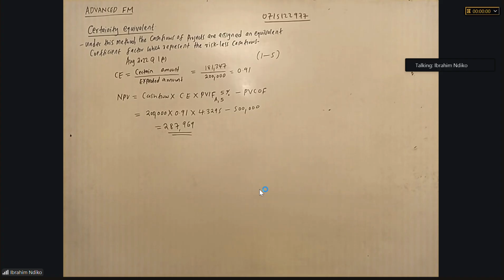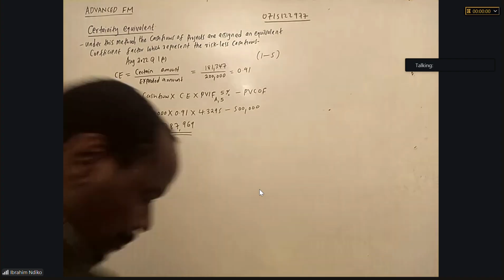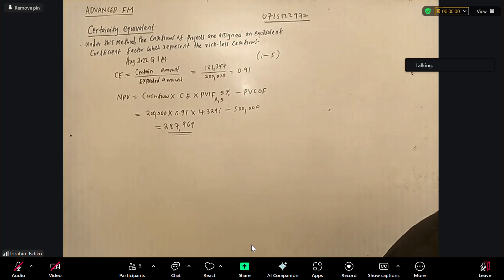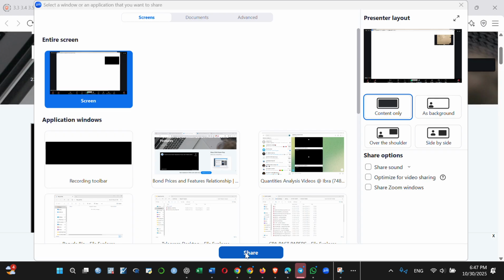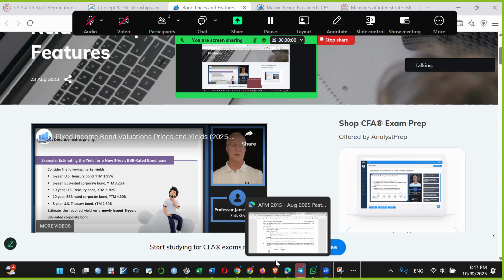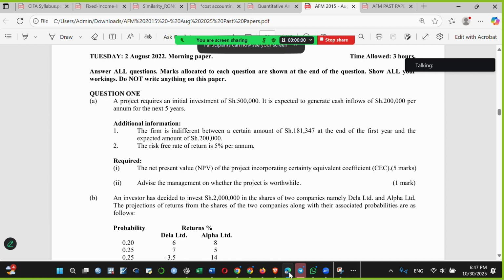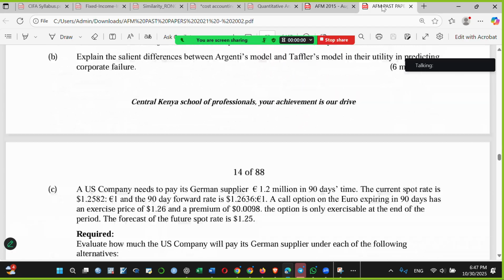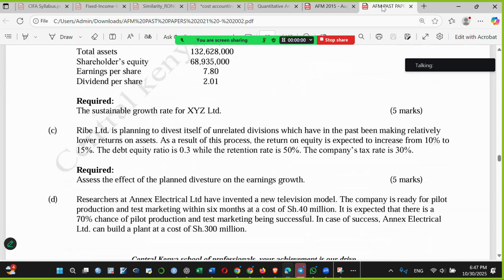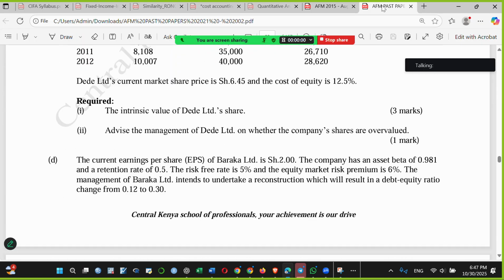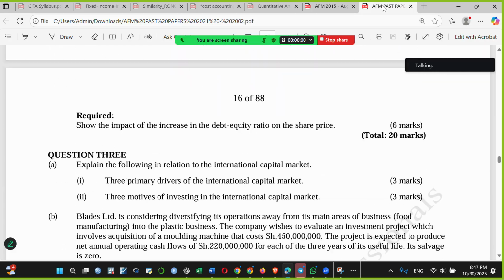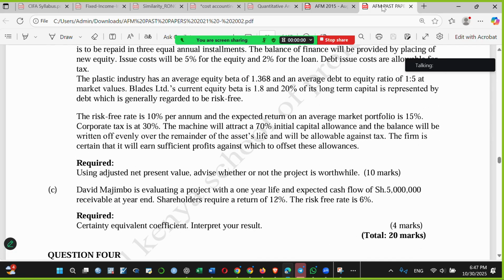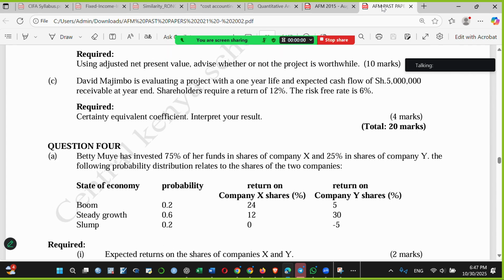Haya. Let me open the question. Which sitting? June 2013, question 3C. Ndio.